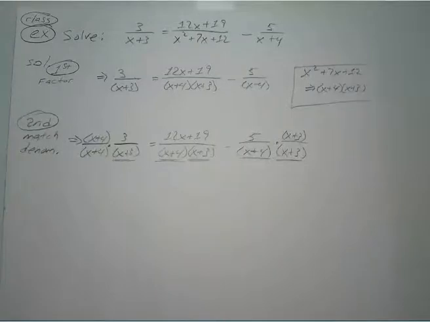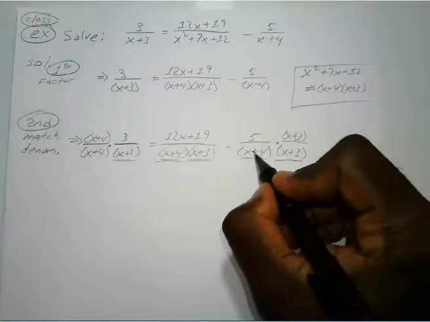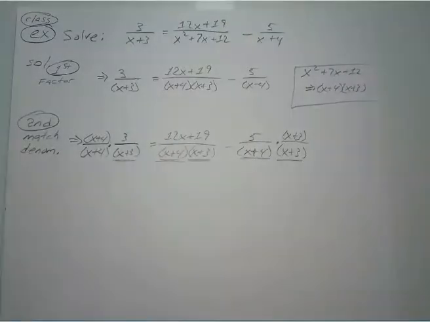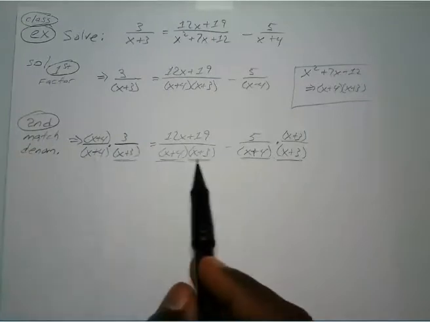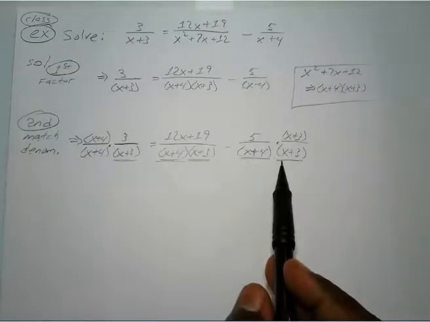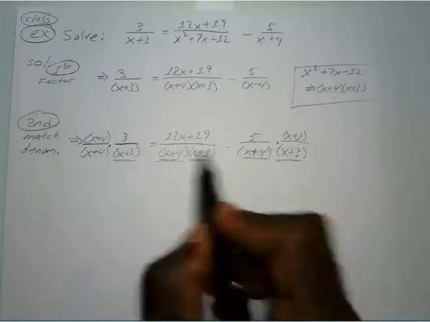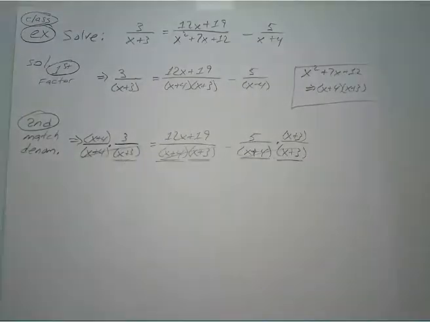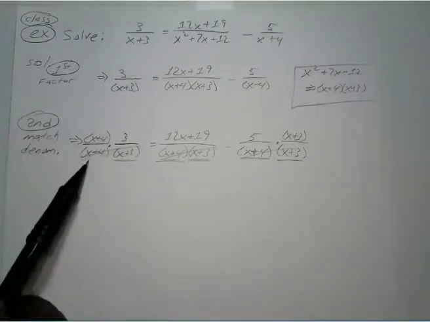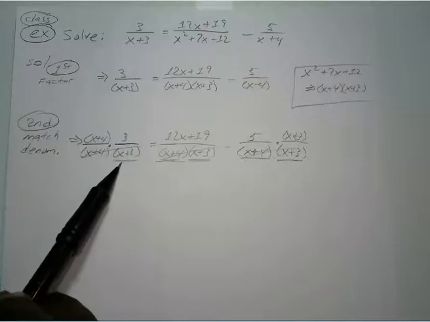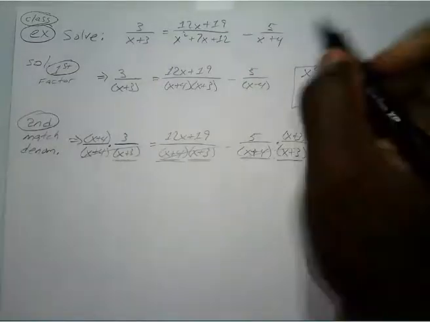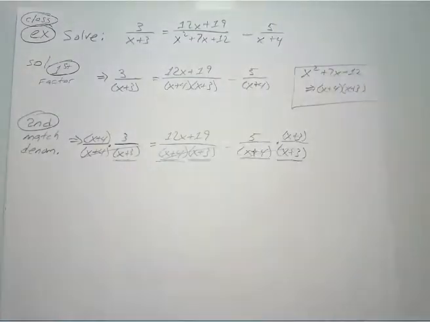Okay, so just as we've seen through the previous couple of examples, when the denominator is the same on both sides of the equal sign, they will eventually cancel each other out if you multiply all terms by x plus 4 times x plus 3.